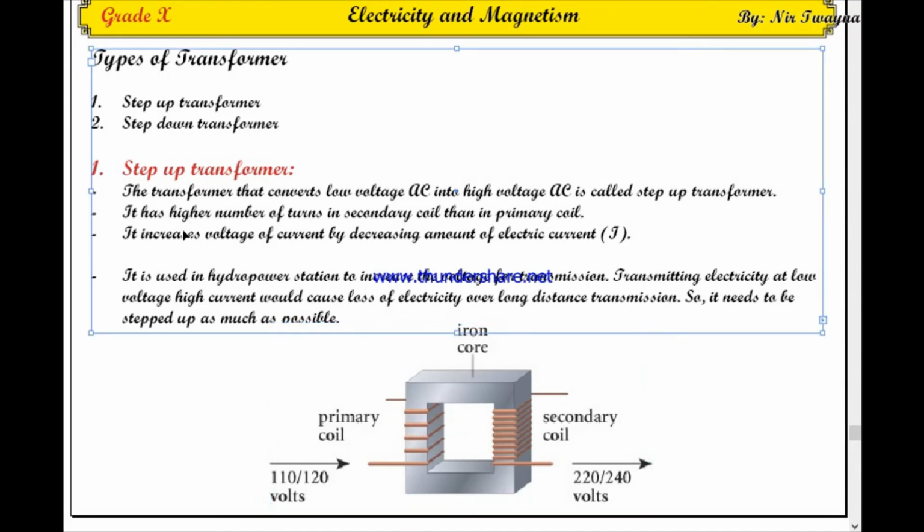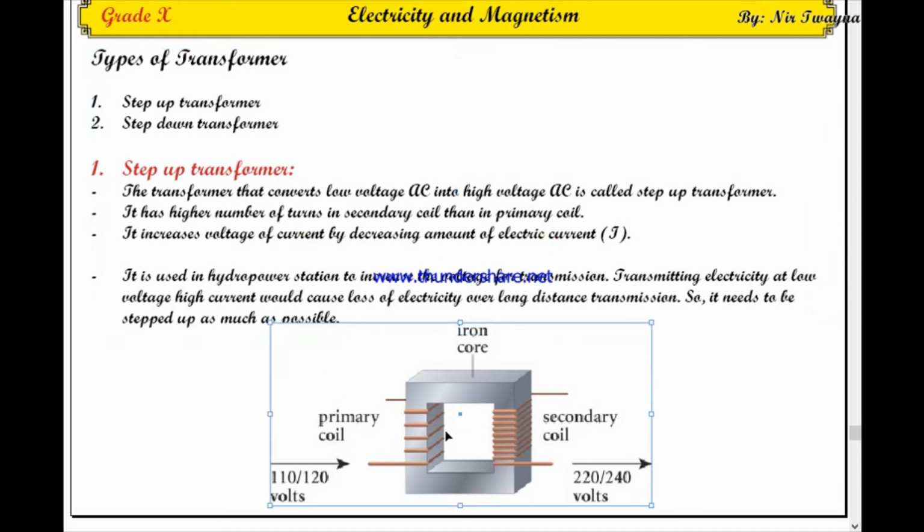Okay. Next point, it increases voltage of current by decreasing amount of current. When a transformer increases voltage, then the amount of current is decreased. Like if it is supplied with, say, 5 ampere of current at 110 volt, and it gives 220 volt, it gives only 2.5 ampere current.